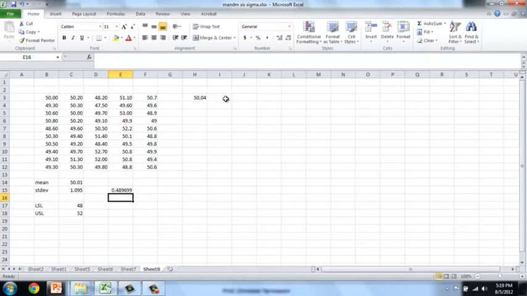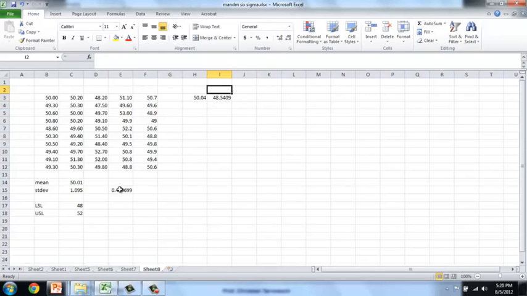So if I want to figure out the control line that is 3 standard deviations below that, I have to basically look at the mean of 50 in this overall population, and I have to subtract 3 times the standard deviation of the sample that I'm likely to draw on a particular day.